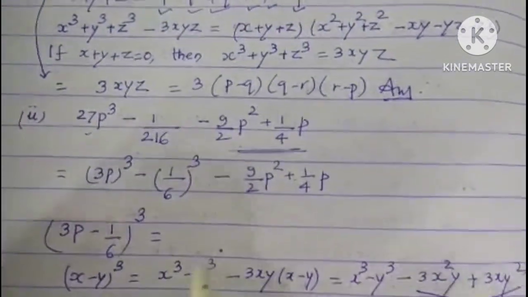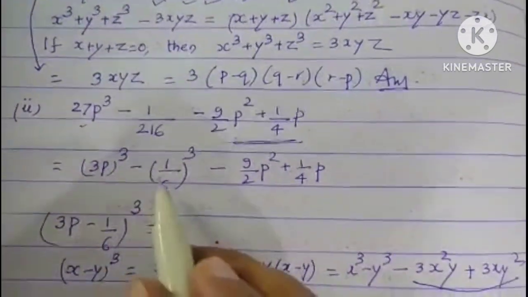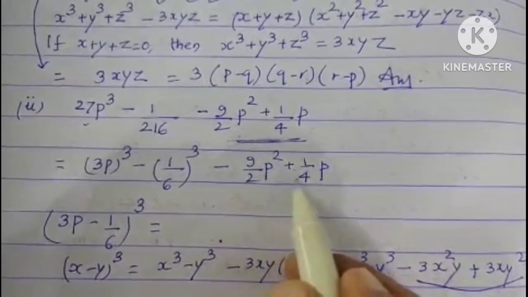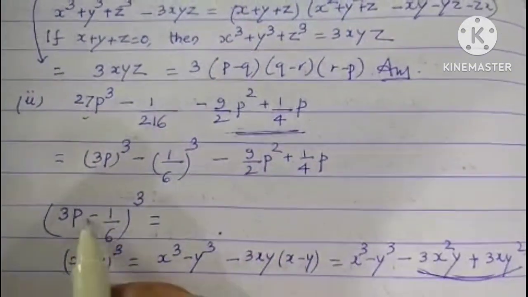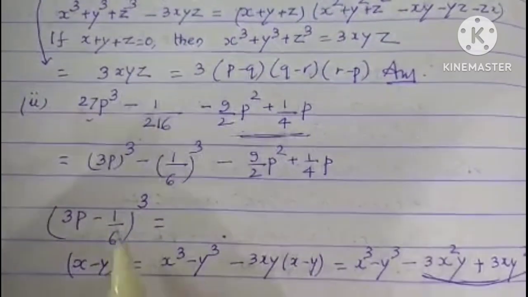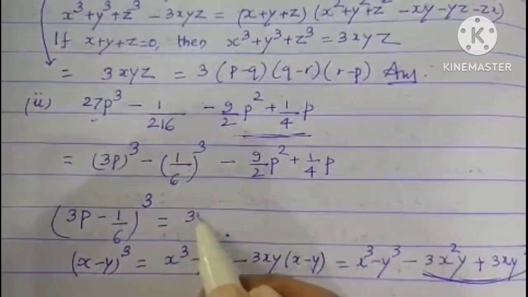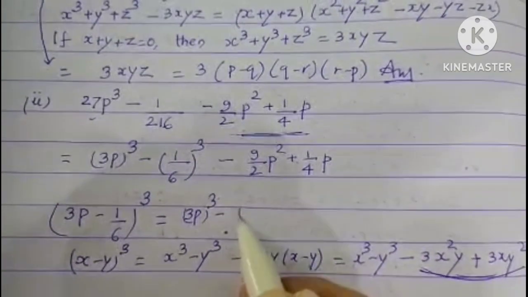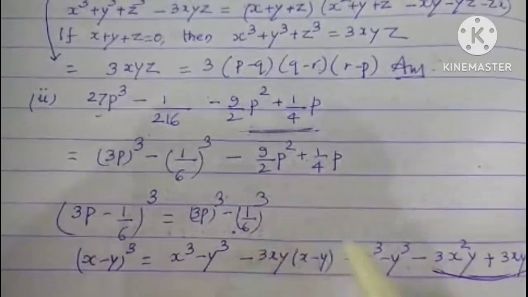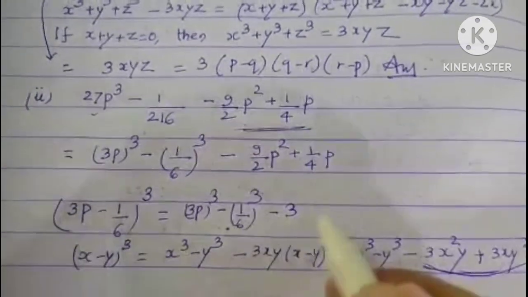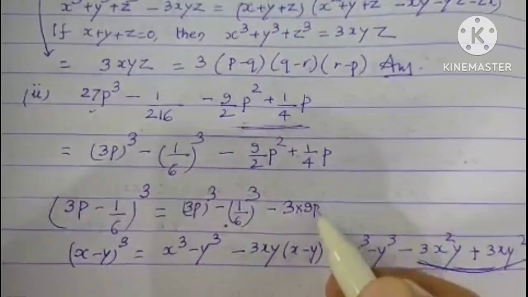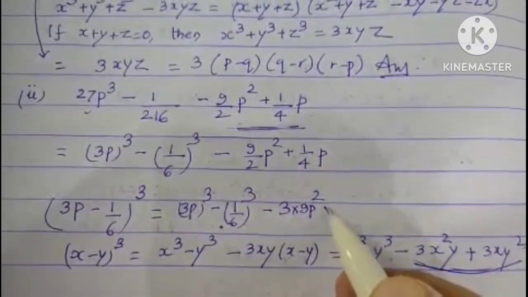You can write it like this: 3p whole cube minus 1 by 6 cube minus 9 by 2 p square plus 1 by 4 p. It will be written in this form. Okay, let's first do this one. It will be x cube minus y cube, so 3p cube minus 1 by 6 cube, minus 3x square y, which is 9p square times 1 by 6.